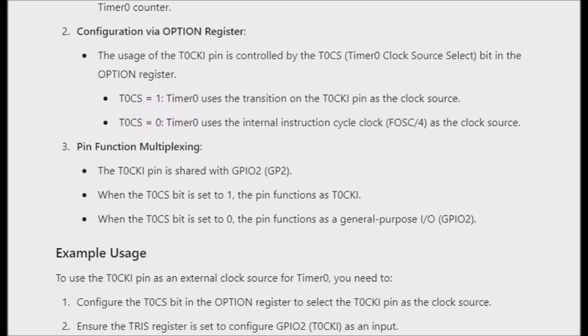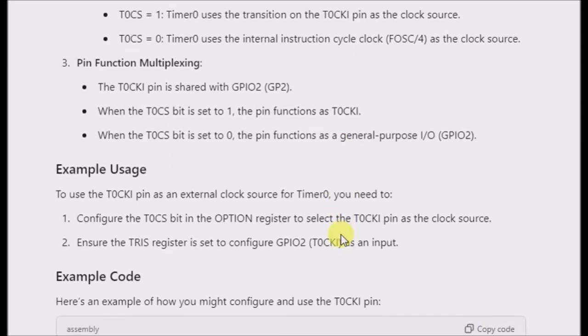Pin function multiplexing. The TOCKI pin is shared with GPIO 2, GP2. When the TOCS bit is set to 1, the pin functions as TOCKI. When the TOCS bit is set to 0, the pin functions as a general purpose IO, GPIO2.